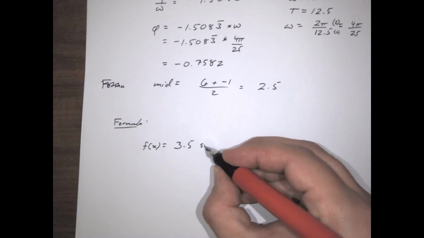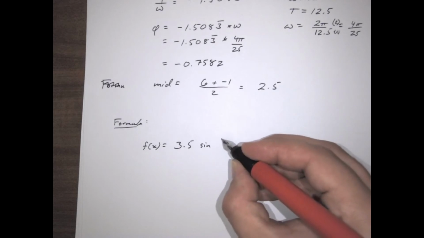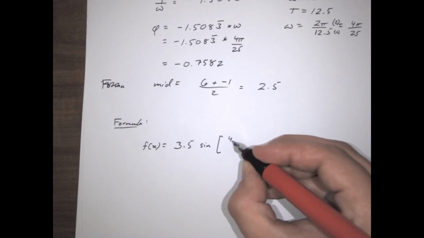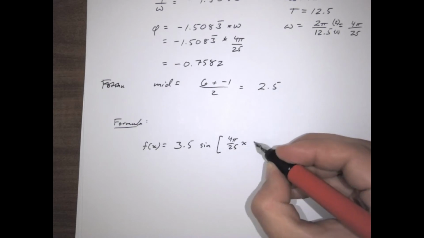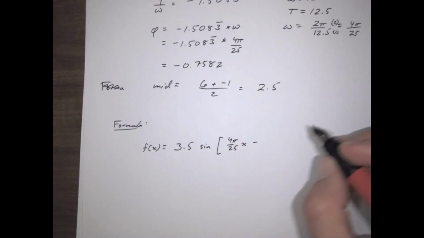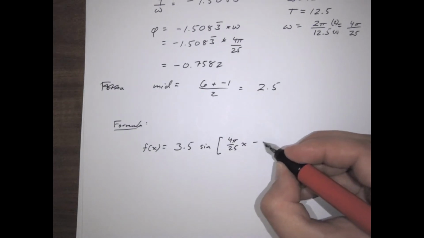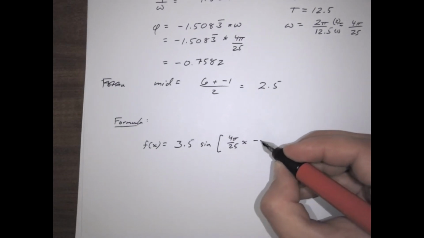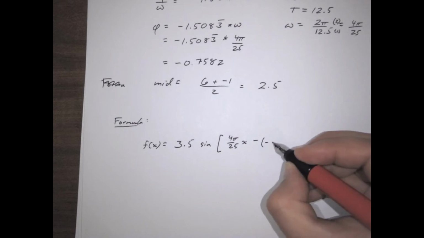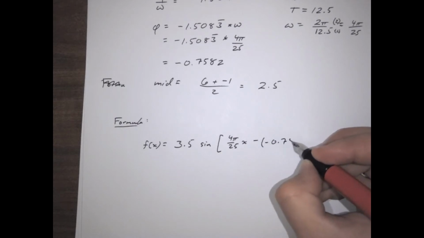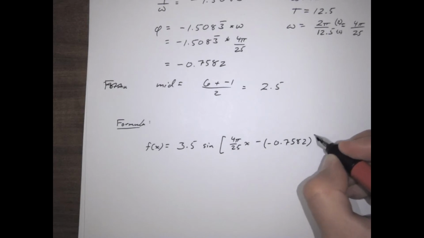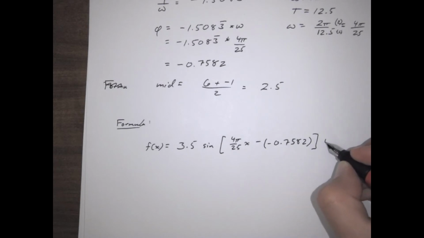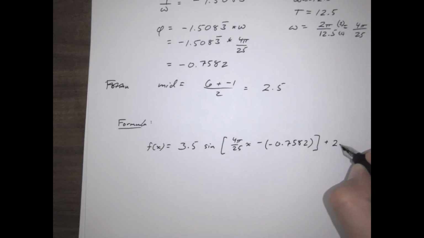So 3.5 sine, 4 pi over 25 x, minus a negative 0.7582, plus 2.5.